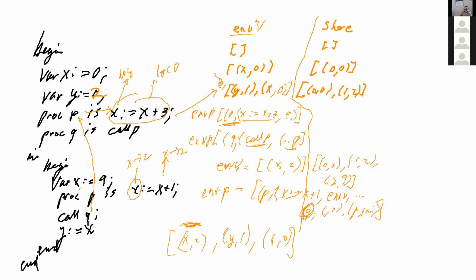But this X is that one. So what we're going to do is we're going to call Q, which calls P, which is going to update location 0. So our memory is going to look like 0, 0, 0, 1.